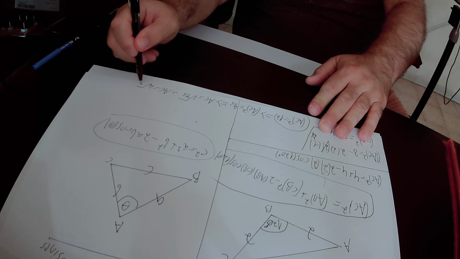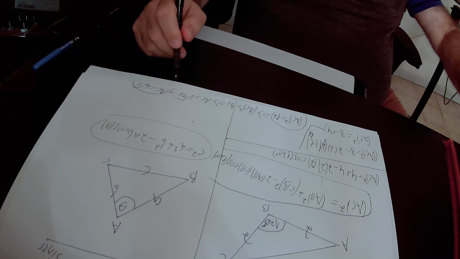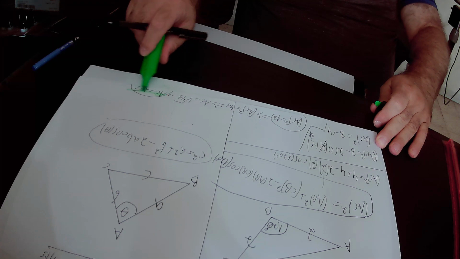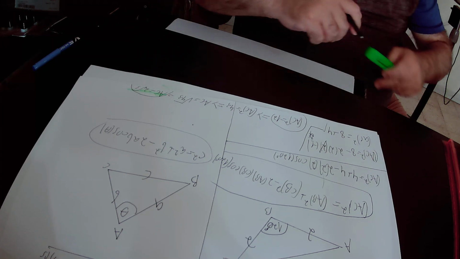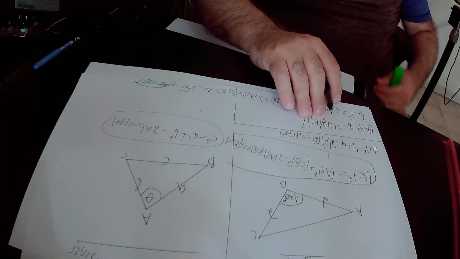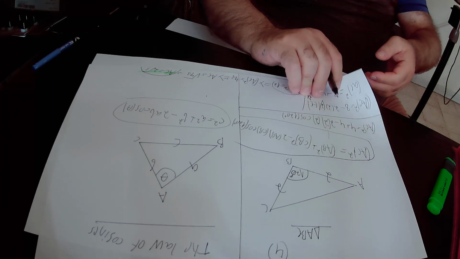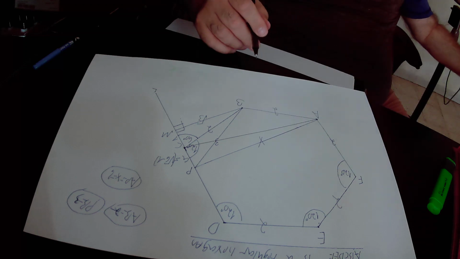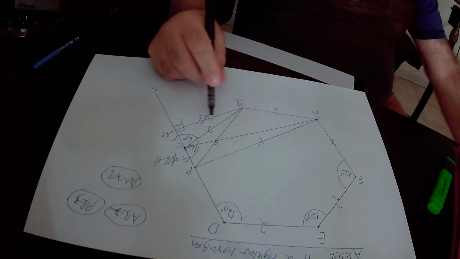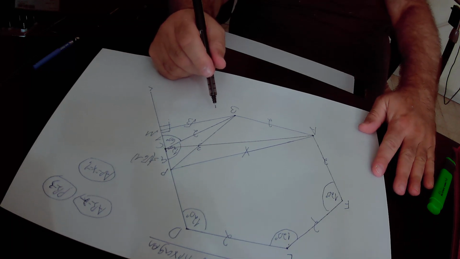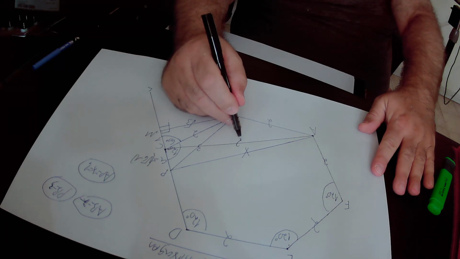So AC equals 2 times square root of 3 units. So we can write down here that the length of side AC is 2 times square root of 3 units.